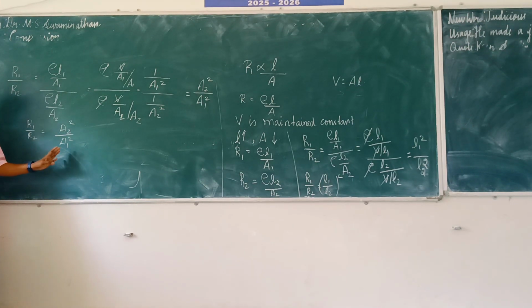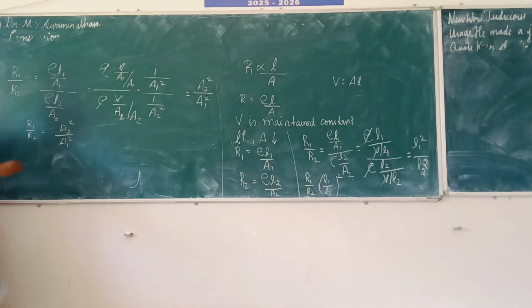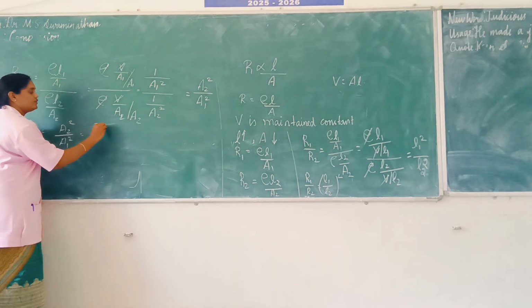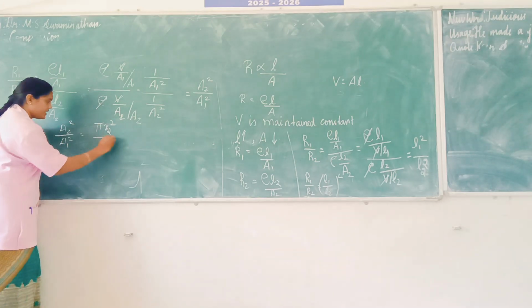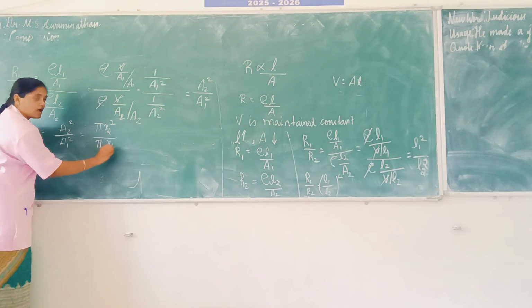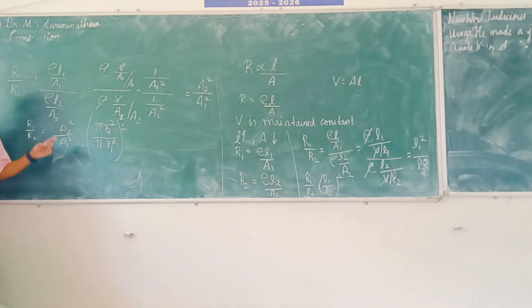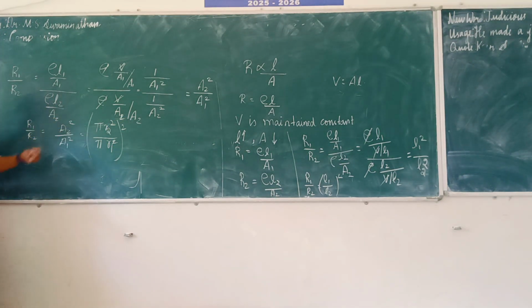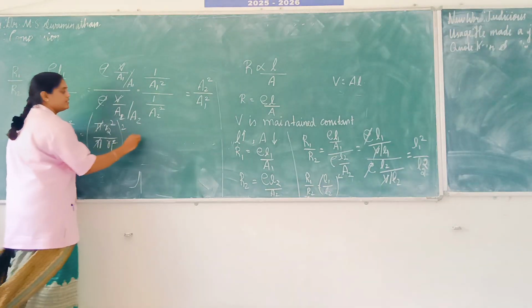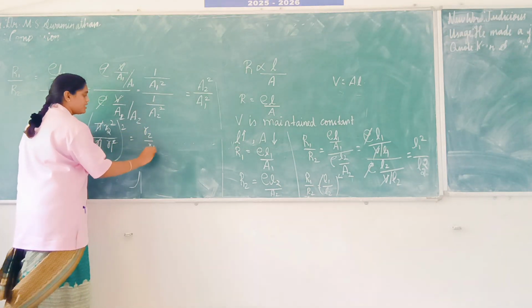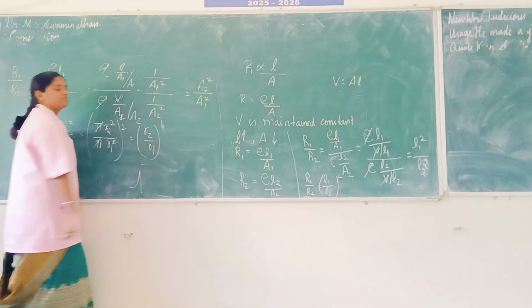Here the resistance is not given, but the radius of the conductor is given. How can we convert this formula? Instead of area we can write pi R2 squared divided by pi R1 squared, the whole square, because area is squared. So pi gets cancelled and it is R2 by R1 the whole power 4.